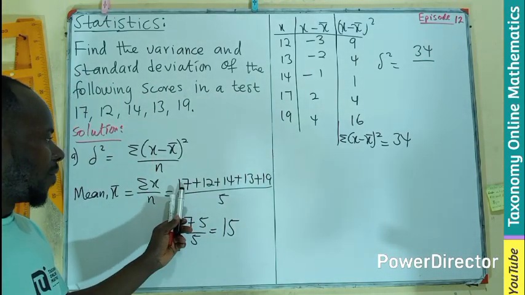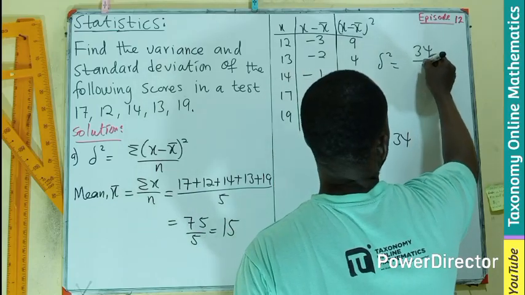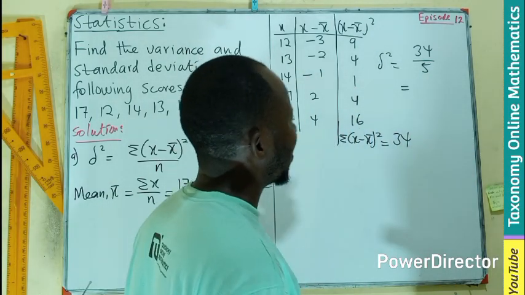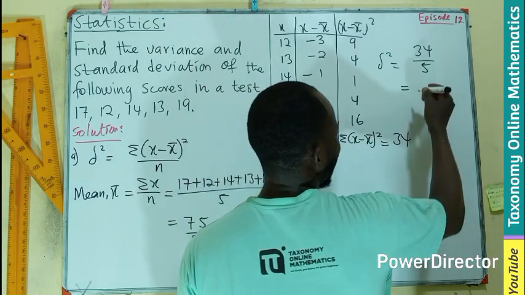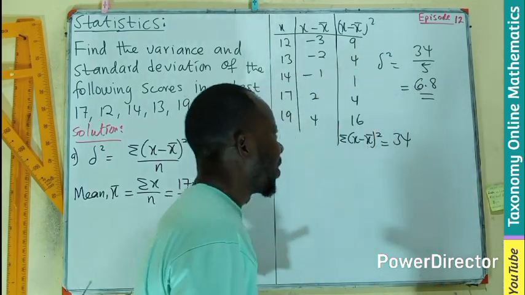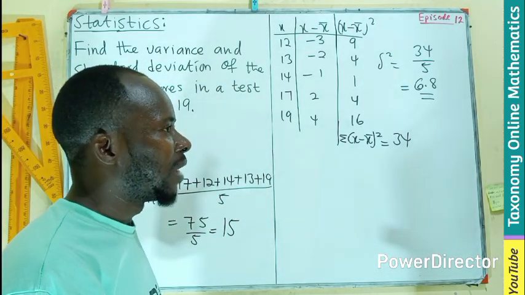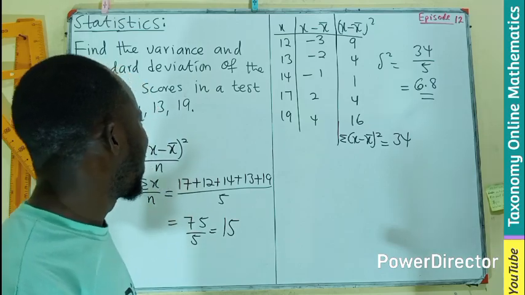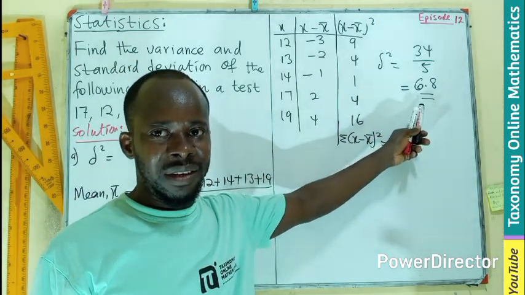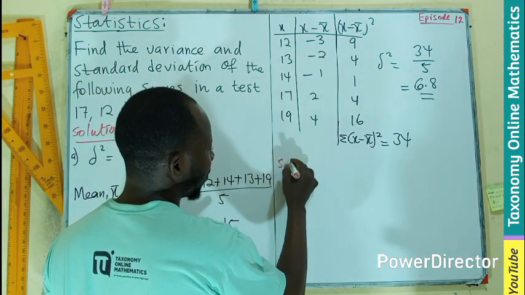The n is the number of data points we have, which is 5. If I put 5 here, that gives 6.8. We can check it out. All right, so the variance is 6.8.